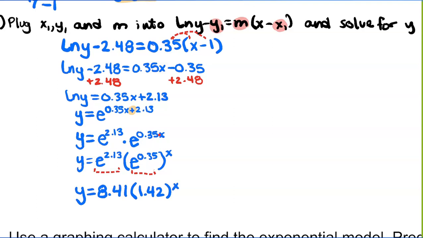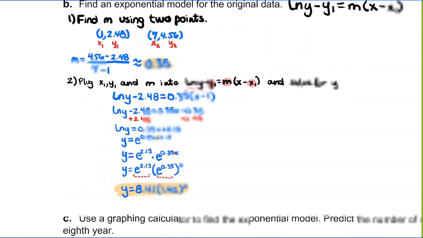That is our exponential model for this scooter sold. So y is our number of scooters sold, x is our time. We can figure out at a specific year how many scooters they sold. That is a lot of work.